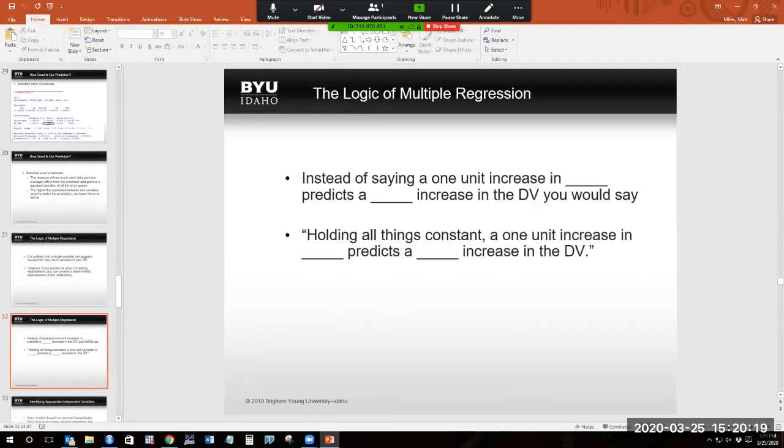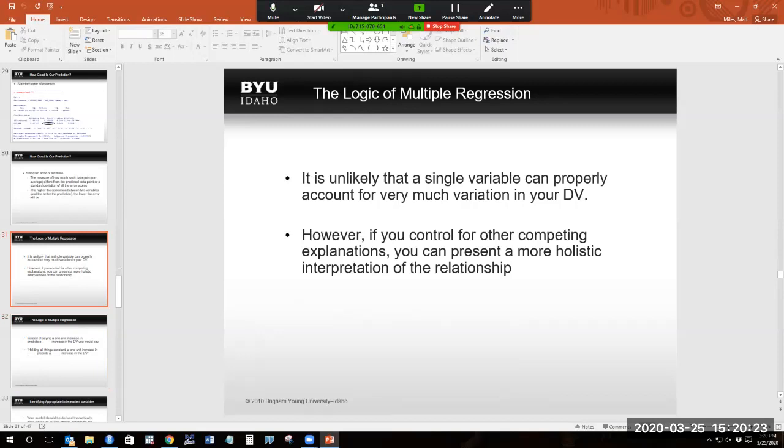Okay. So now what we're going to do is we're going to use multiple regression. It's really unlikely that one variable is going to explain very much of the variation in your dependent variable. Like the mom's IQ might be a significant predictor of a kid's IQ, but what about the dad's IQ? And what about if the kid has brain damage or something like that?